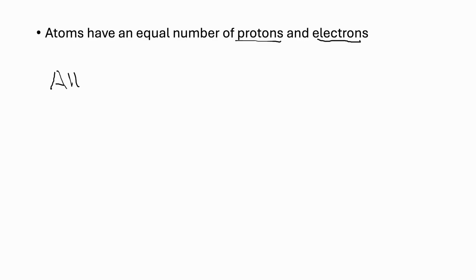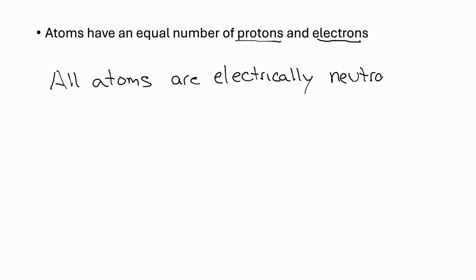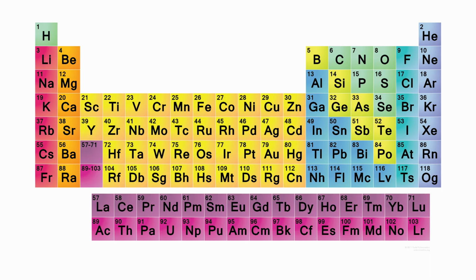So therefore, all atoms are electrically neutral, meaning they have no charge. So the positive charge of the protons and the negative charge of the electrons cancel each other out, which gives us our neutral atom.